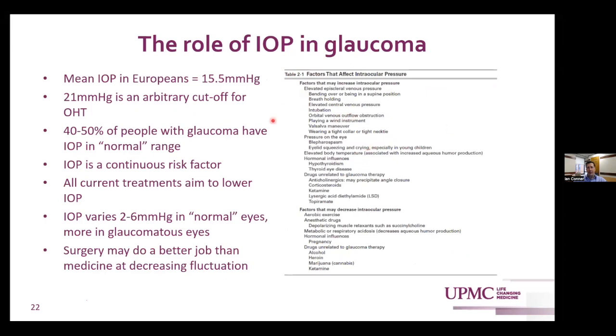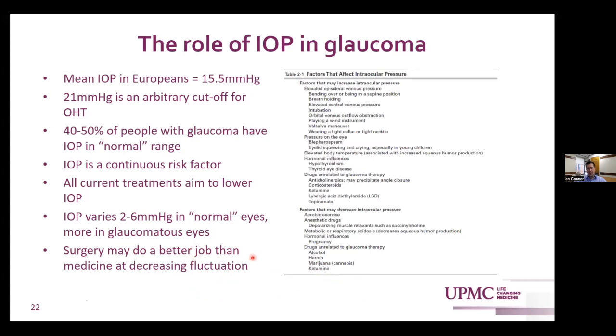So again, we know that intraocular pressure is the primary risk factor. Statistically normal, the 95% is up to 21, but the median tends to be higher than the mean, so more like 16 or 17. So it's not a normal distribution. 40 to 50% of people with glaucoma have a pressure in the normal range, and all treatments lower the intraocular pressure.